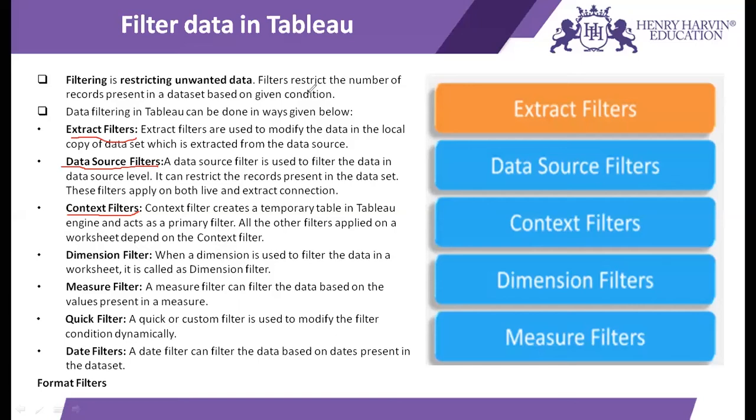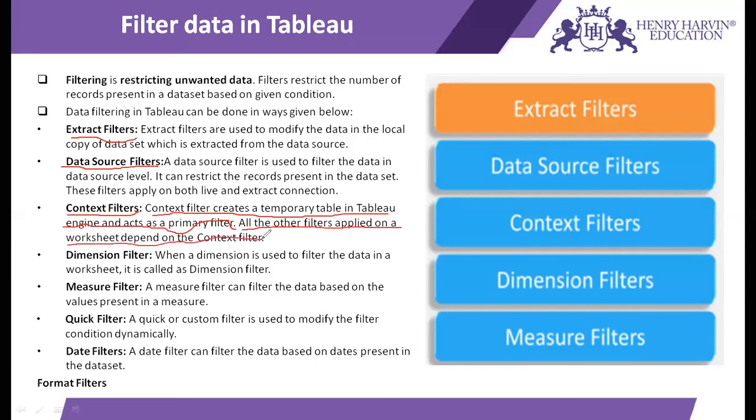So this context filter creates a temporary table in the Tableau engine. Using some filters, you say that you would like to use only those records which have these categories of records, and based on that, a temporary table will be created in Tableau's engine for you.